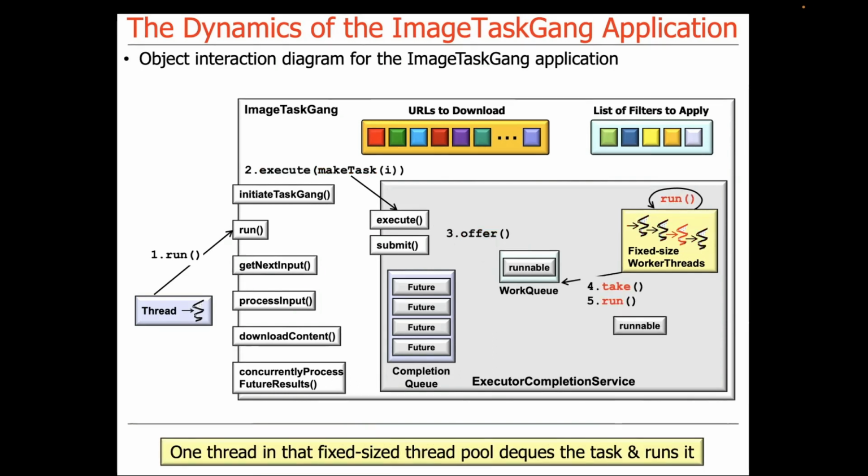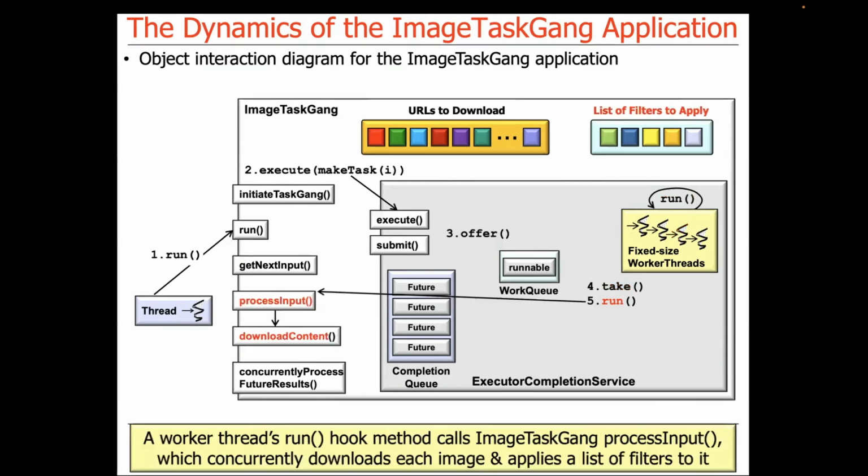One thread in that fixed size thread pool will dequeue each of the runnables from the work queue, and they will then call the run hook method on that runnable. And what that will do is trigger a call back up to the application level, to the ImageTaskGang application, to call the process input method. And process input, in turn, is going to download content, and then it'll apply a list of filters to the content that's been downloaded.